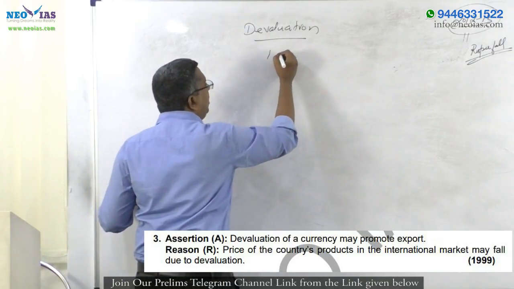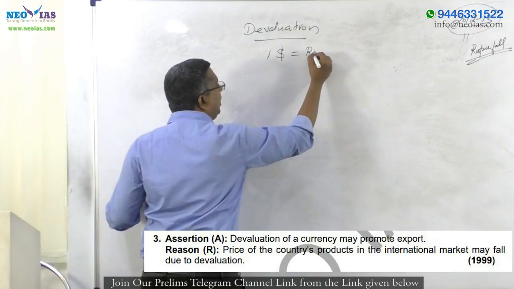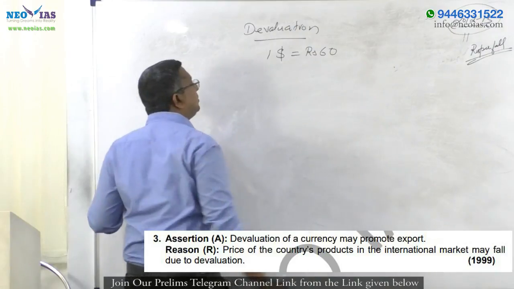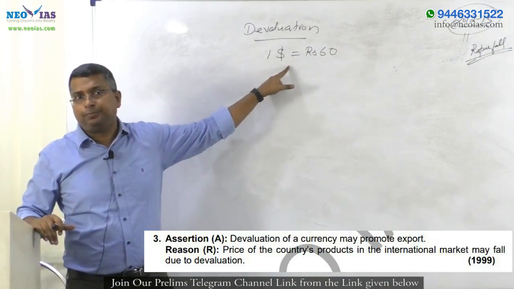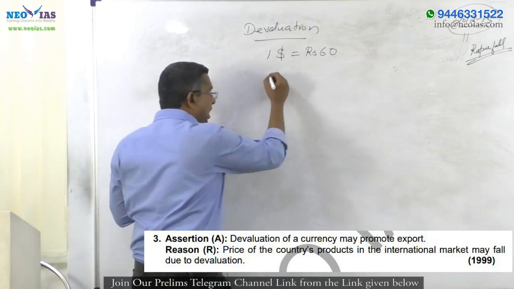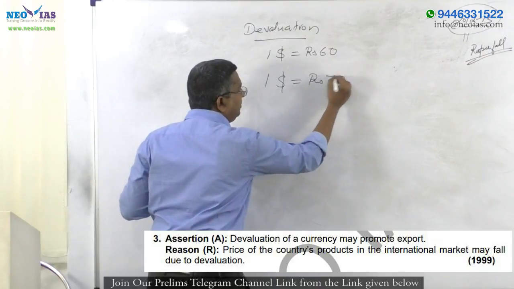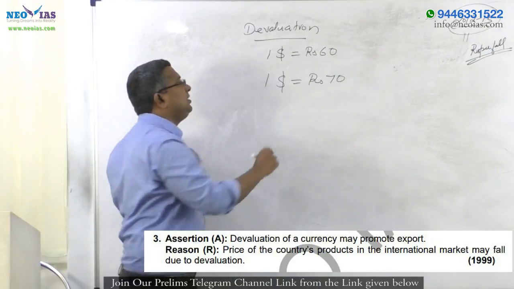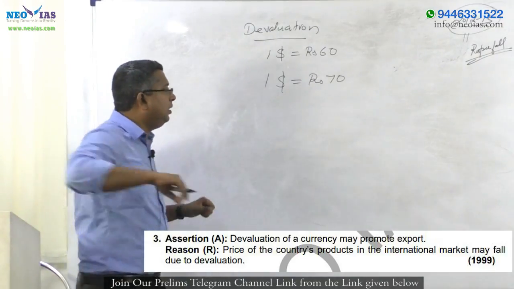Now take this, if presently imagine that $1 is 60 rupees, it is the present rate. Now what RBI is doing, RBI deliberately reducing it to 70 rupees, deliberately, the value. Is it devaluation? It is devaluation.